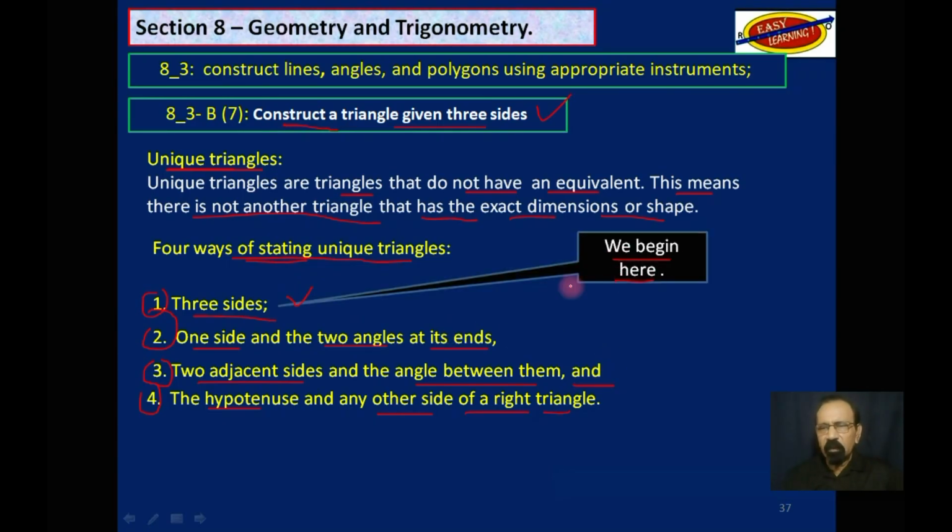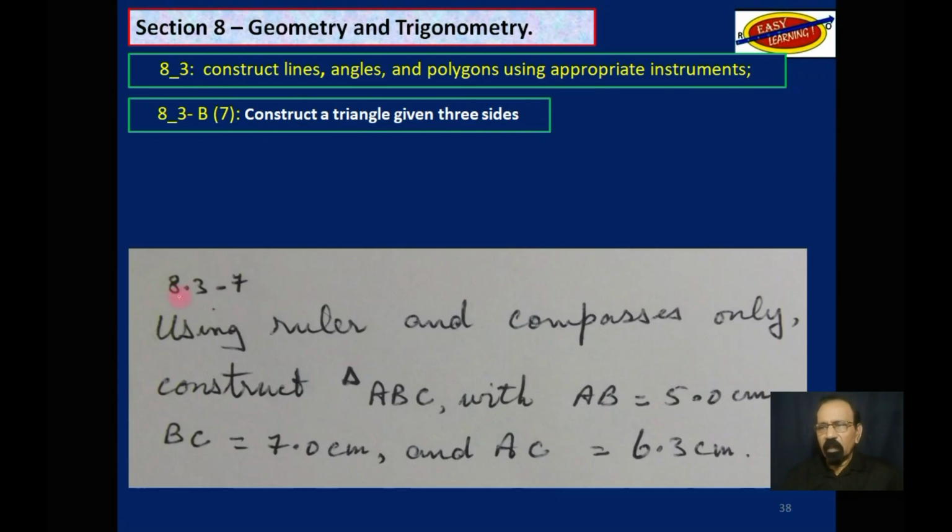So we begin here. This is a question. Using ruler and compasses only, construct triangle ABC with AB equal 5.0 centimeters, side BC 7.0 centimeters, and side AC 6.3 centimeters.